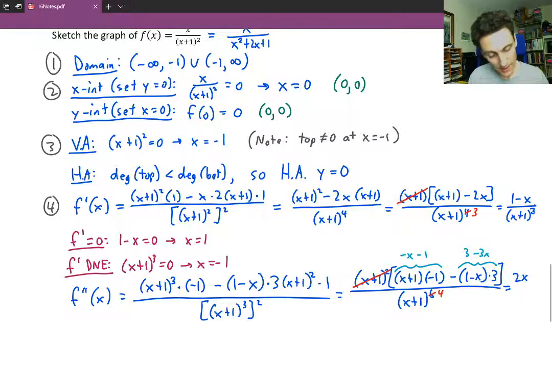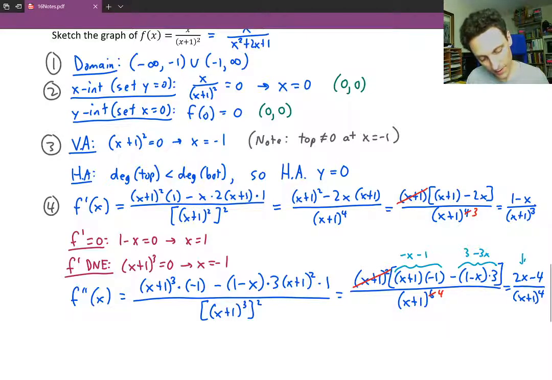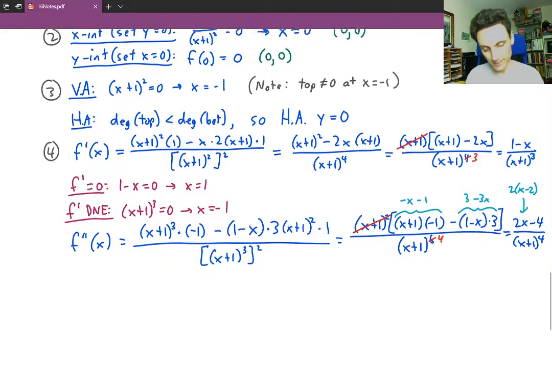And then for the constant part, we're going to have negative 1 minus 3, which is negative 4. Okay. And if we wanted to, we could write the factored version of the top as well, just for reference: 2 times x minus 2. We can keep that in our back pocket in case we needed it.